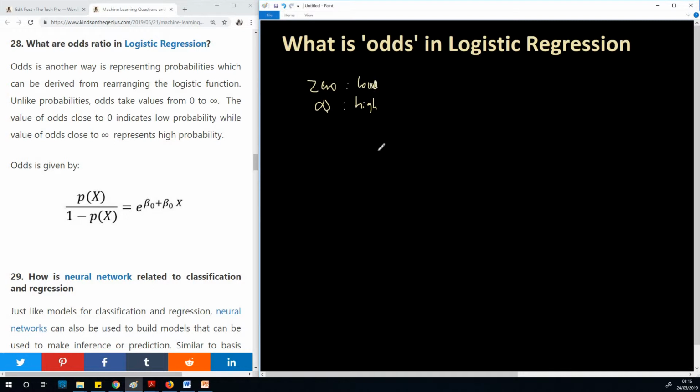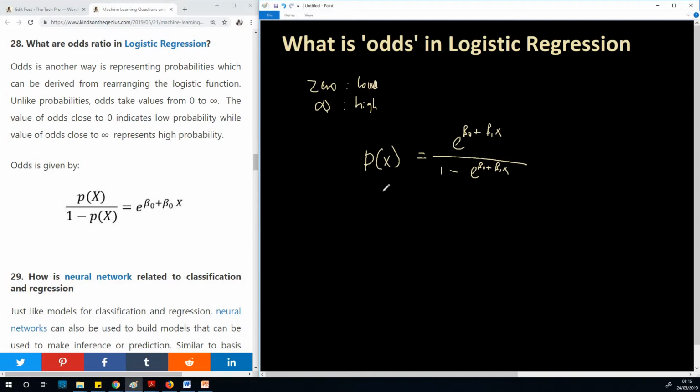So now remember that the logistic function has it that p of x is equal to e to the power of beta 0 plus beta 1x all over 1 minus e to the power of beta 0 plus beta 1x. Okay, so if we go ahead to rearrange this function, we'll get the odds ratio.